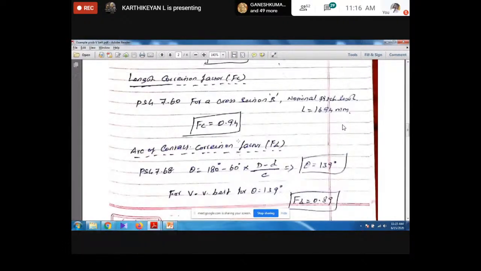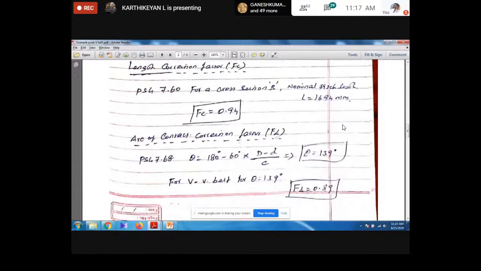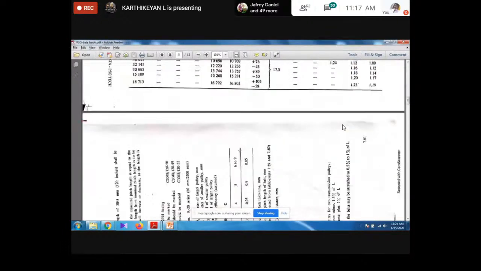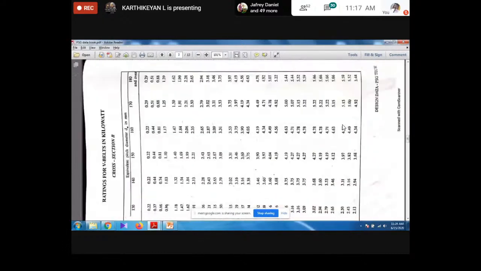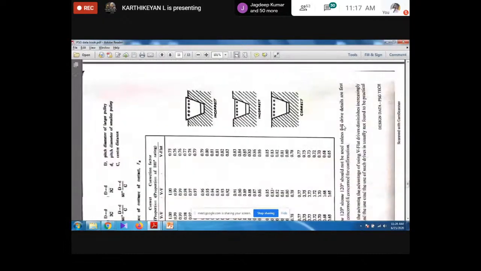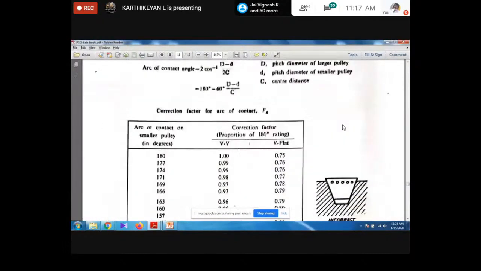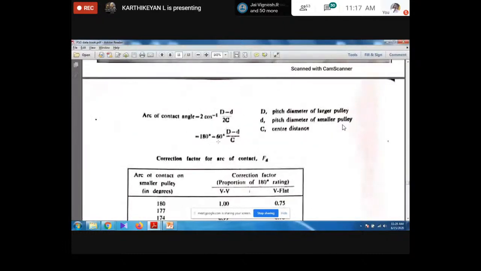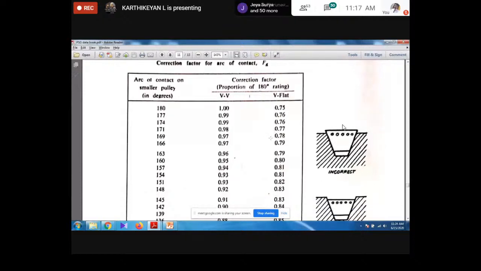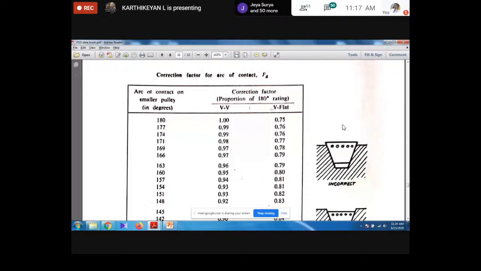Next one is the arc of contact correction factor FD. This is available in 7.68. This equation was already discussed by Gaulik and sir, how to calculate the value of theta. For the theta value, page number 7.68. Here it is available. This is the equation for calculating the value of theta. Here two classifications are given. One is VV type, another one is V flat.